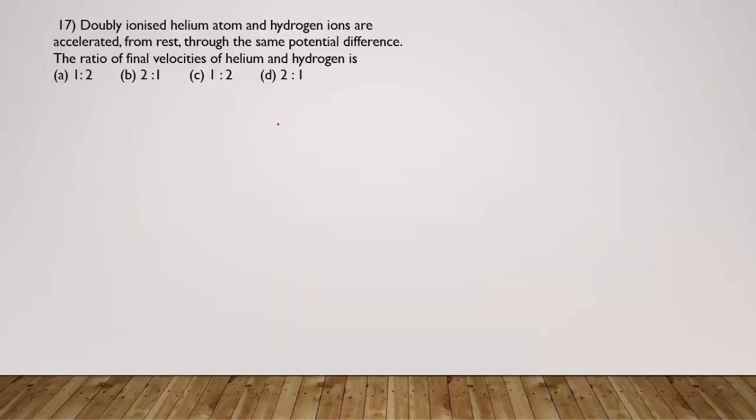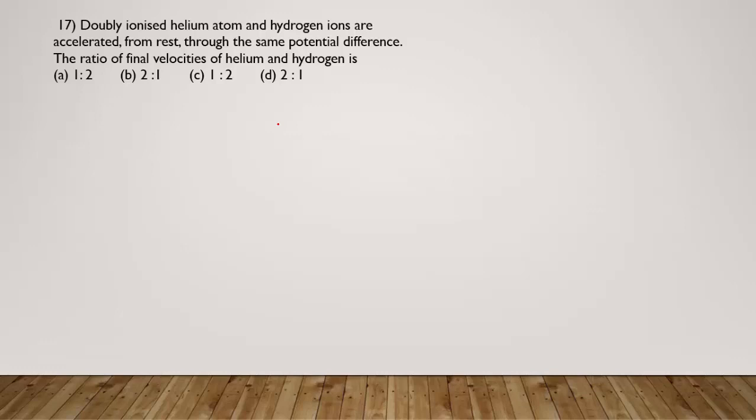The next question is: doubly ionized helium atom and hydrogen ions are accelerated from rest through the same potential difference. The ratio of final velocities of helium and hydrogen is?